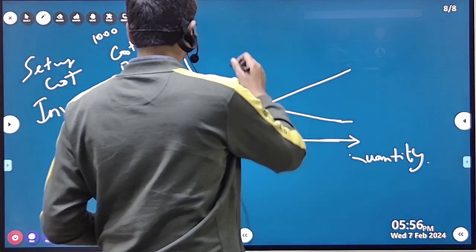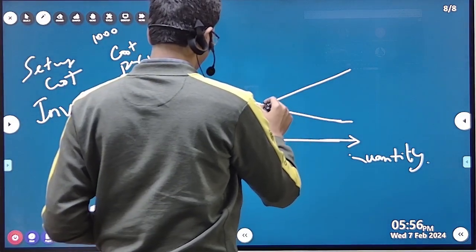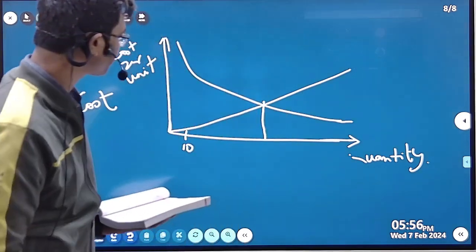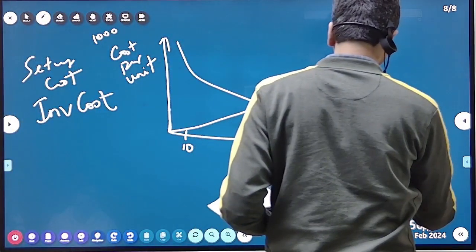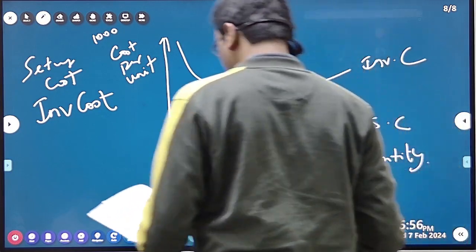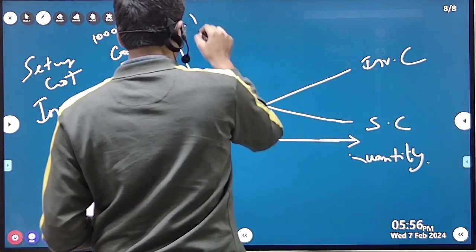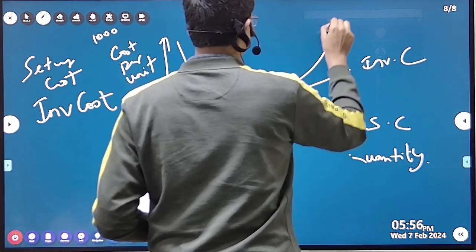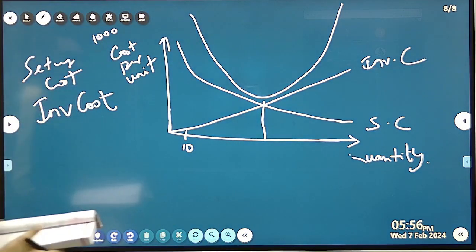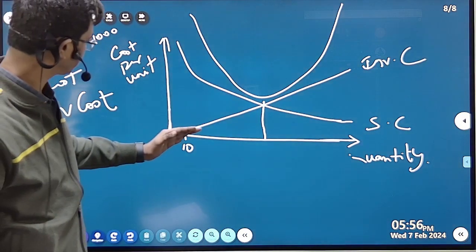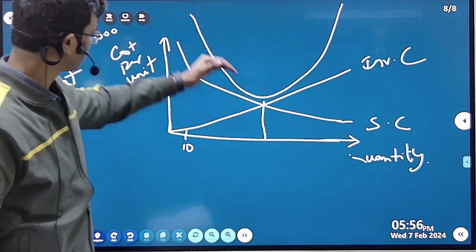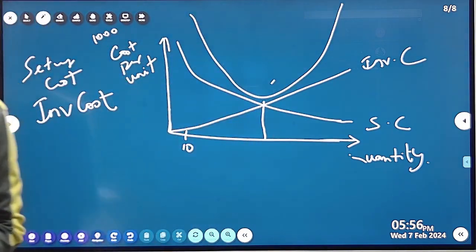So if you combine both of these graphs, this is your setup cost, this is your inventory cost, you will get something like this. See, this is increasing, this is decreasing. You combine this, you'll get something like this.